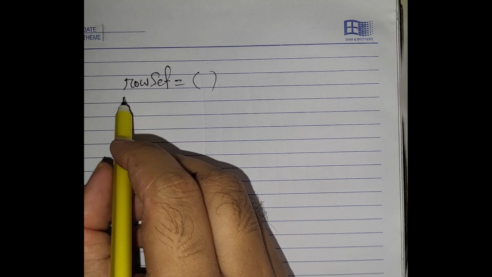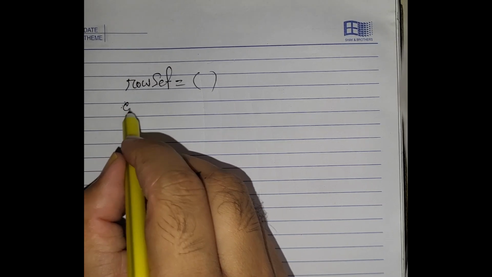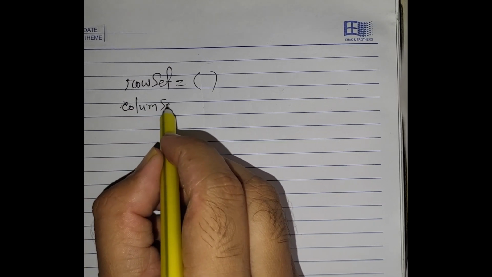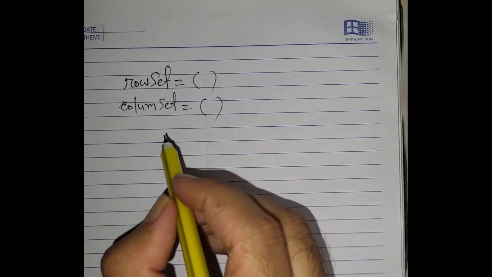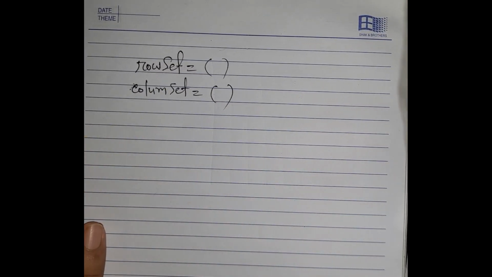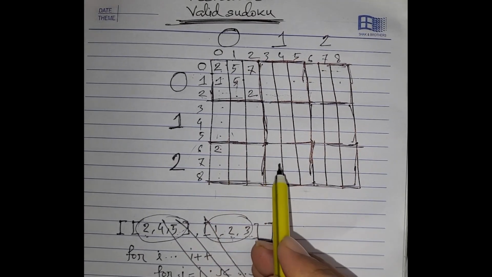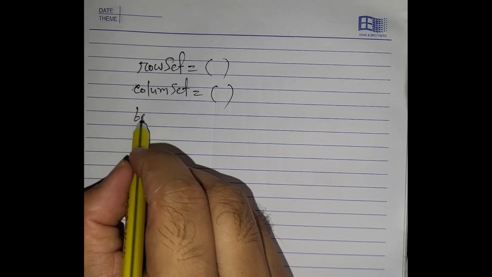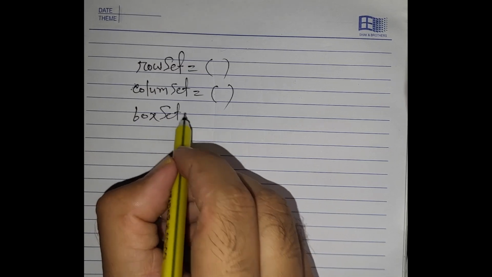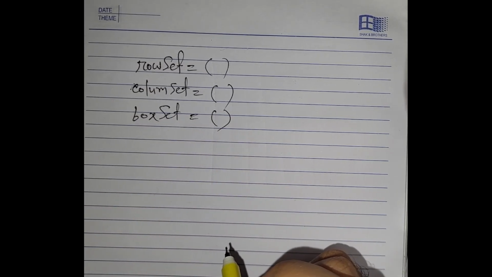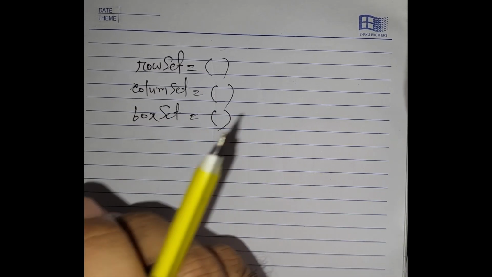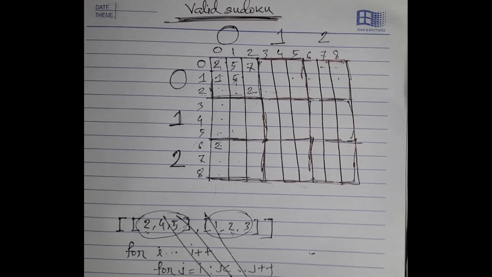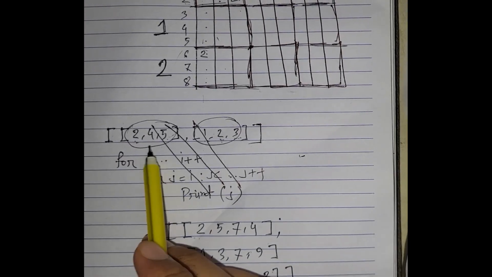For each column, I will take a column set. Initially, it's empty. And for each box, I will have another set. I'll call it box set. Initially, it's empty. Now I will run a loop, just like what I have shown you right here.